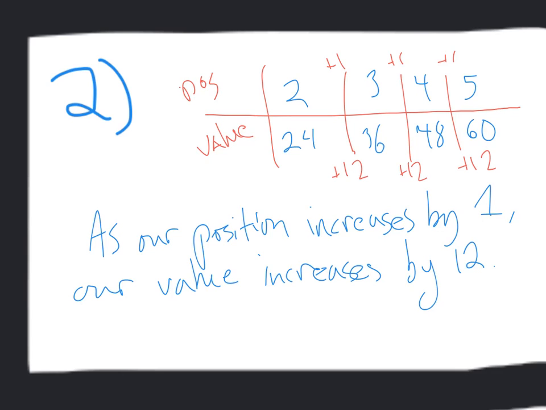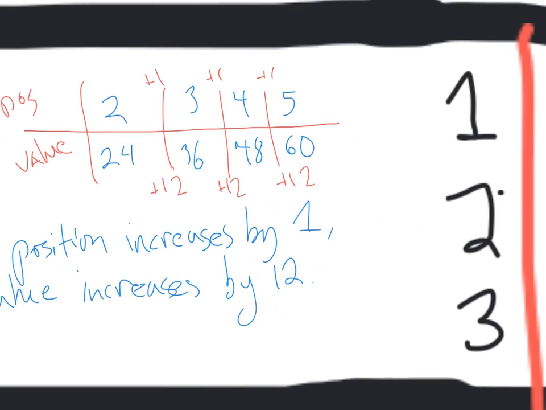Alright, so then let's see, what would that 12th term be? So the 12th term here, pretty much you are going to be multiplying, since this is 2 times 12 makes 24, 3 times 12 makes 36, 4 times 12 makes 48, 5 times 12 makes 60, so this would just be 12 times 12, and that would get you 144.